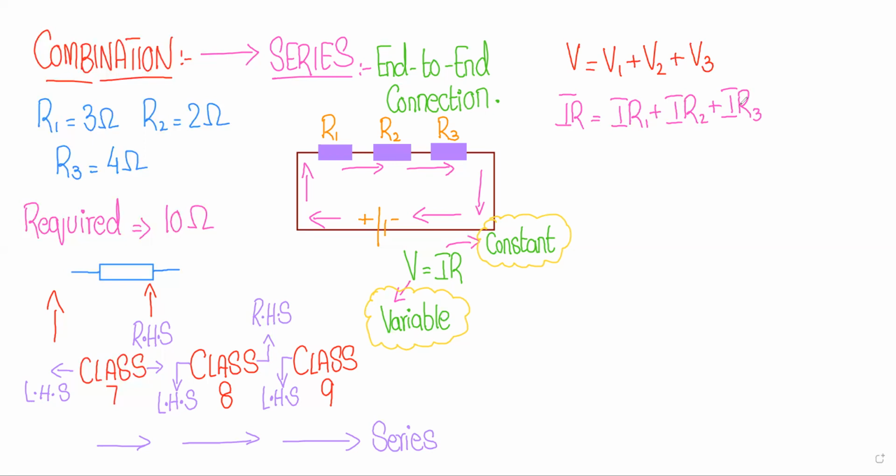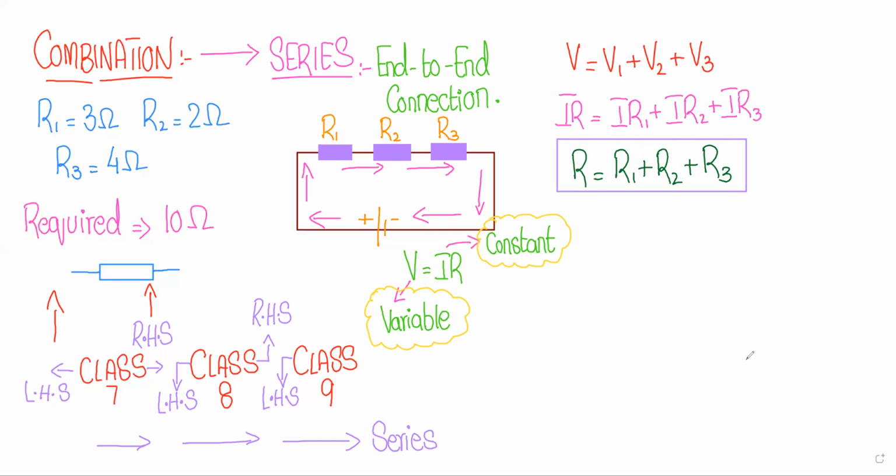So the final expression will be like this: R will be equal to R1 plus R2 plus R3. This is the final result of series combination, and this will give you the idea that in series combination the final resistance will be greater than the individual resistance, right?